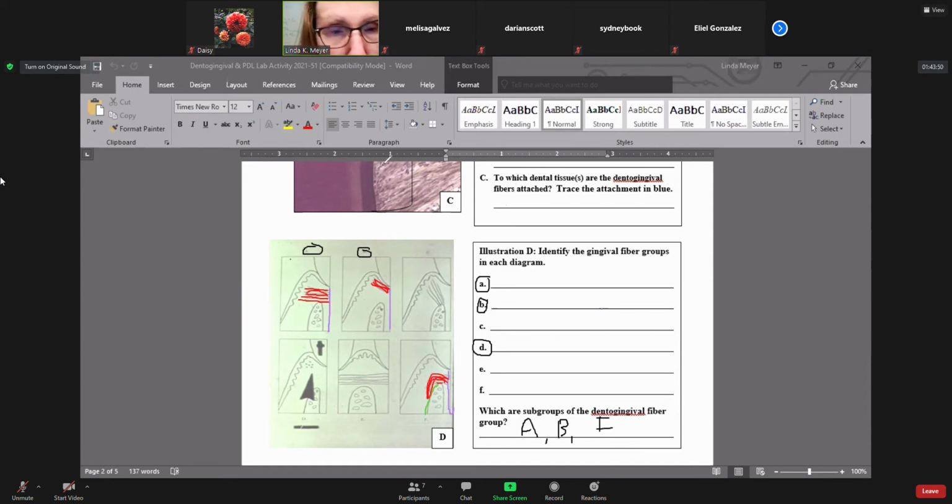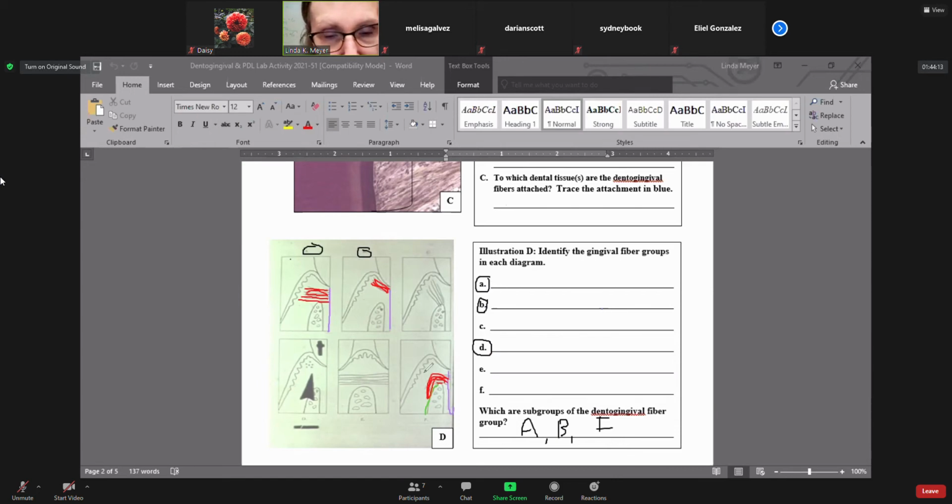That are shown in the picture on the next page, letter E, on the actual slide. So notice I have the purple line for the cementum. So those are all dentogingival fibers.